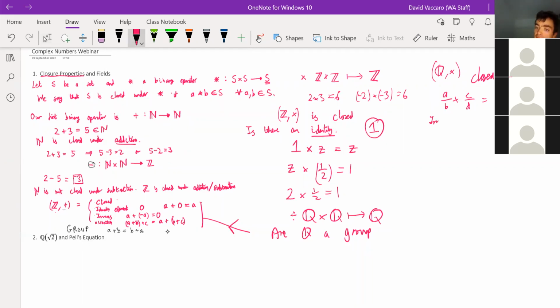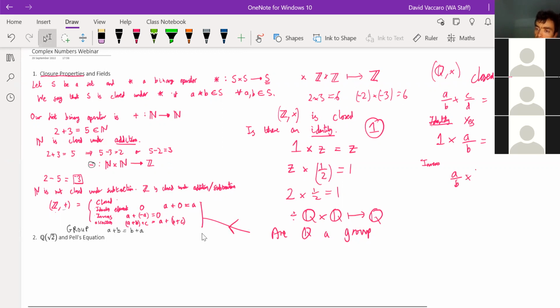Is there an identity element? Well, yes, we've already seen it. There's 1. 1 times a over b is just a over b.